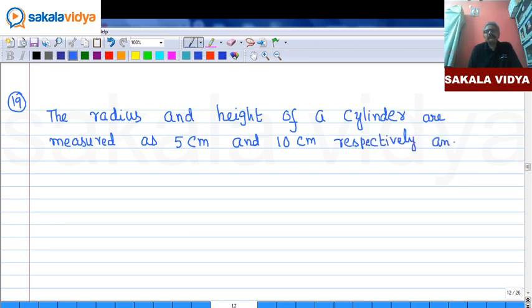And there is an error of 0.02 centimeters in both the measurements.